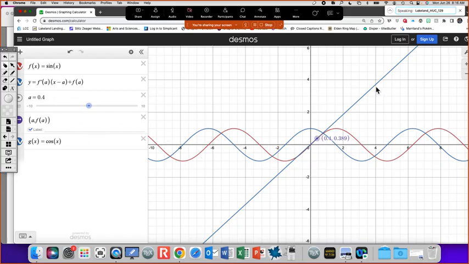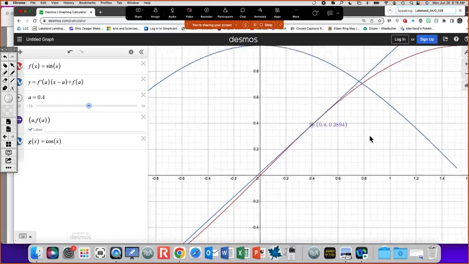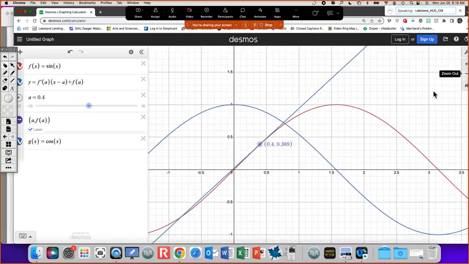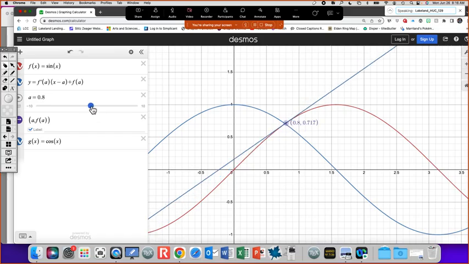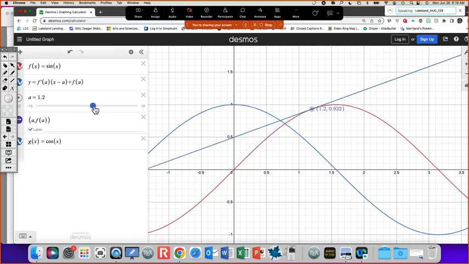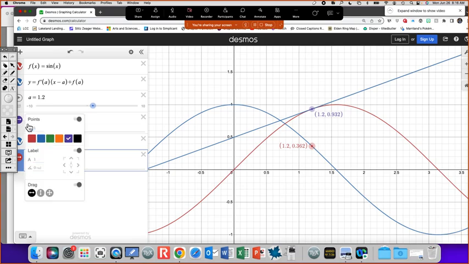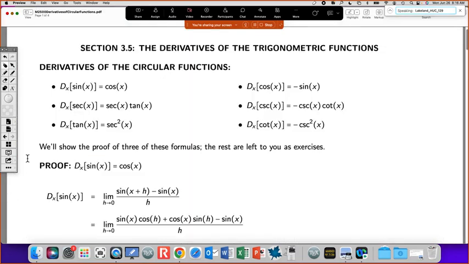So let's look as we move through here. Let's see what happens. Let's zoom in a little bit so we can see this. So as we scooch through here, and just to make it even better, let's put a comma g of a on there. So make this blue.